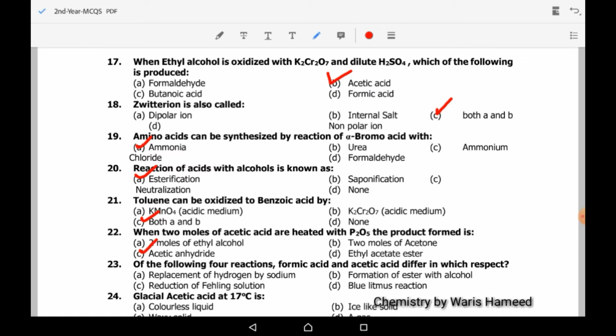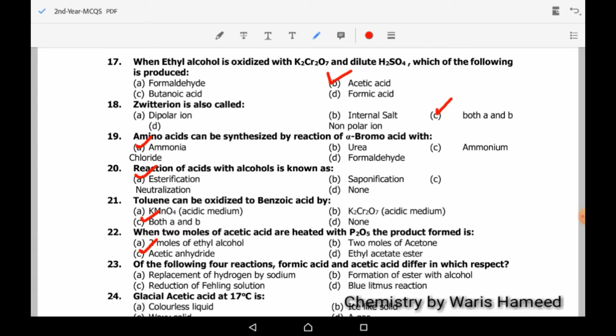Of the following 4 reactions, formic acid and acetic acid differ in which respect? Replacement of hydrogen by sodium, both can perform this reaction. Formation of ester with alcohol, both can also give Fischer esterification. Reduction of Fehling solution is the only reaction which can be given by formic acid.